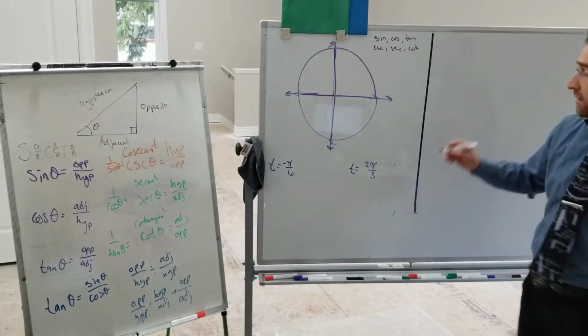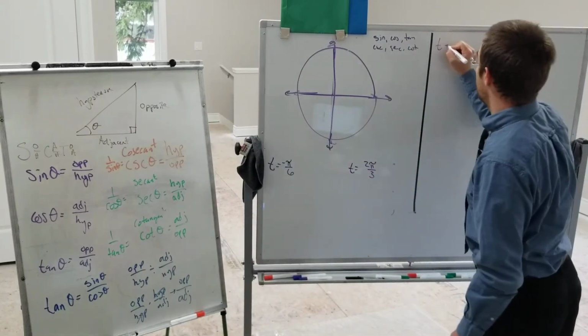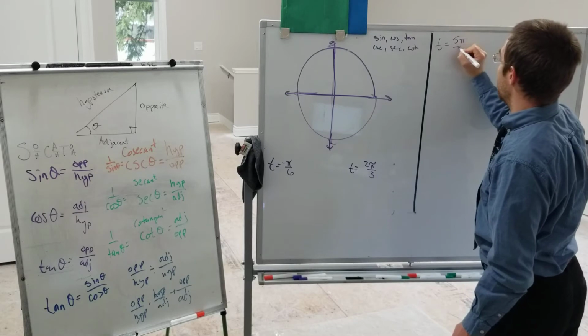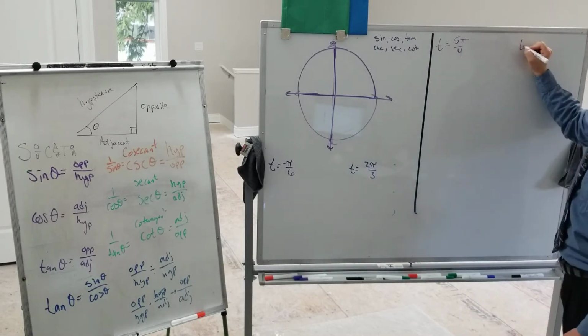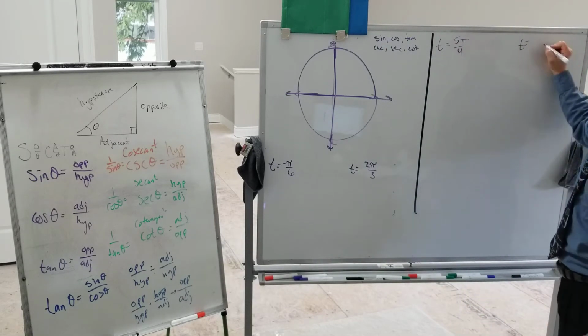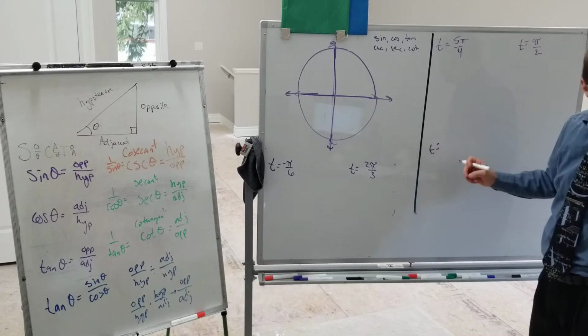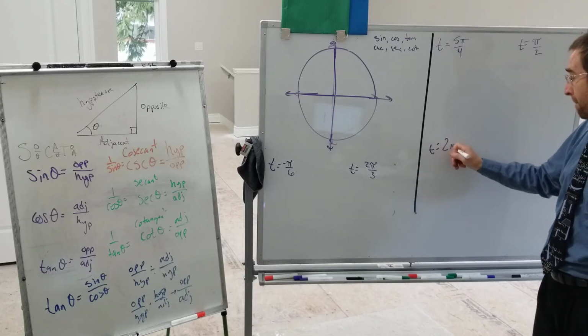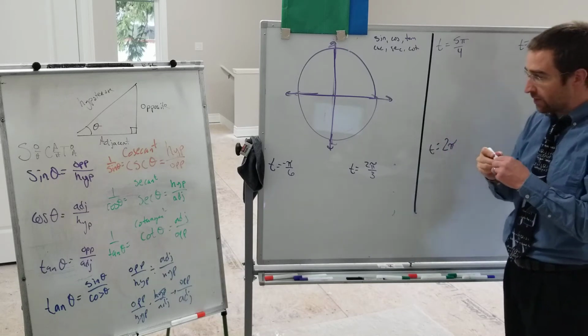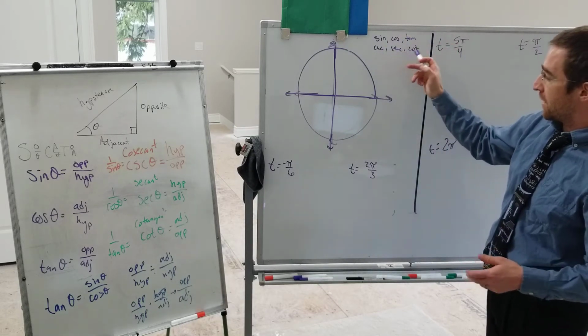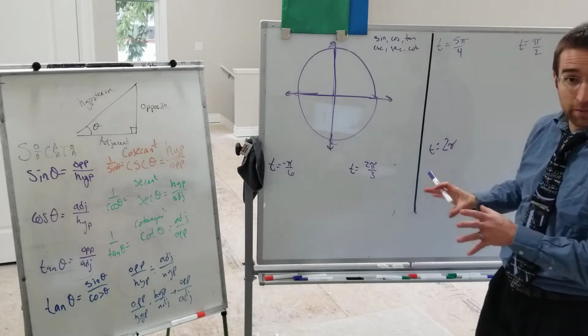Let's say t equals 5 pi over 4, t equals pi over 2, and let's say t equals 2 pi. We're going to get all 6 functions, sine, cosine, tangent, cosecant, secant, cotangent, for all 5 of these problems.